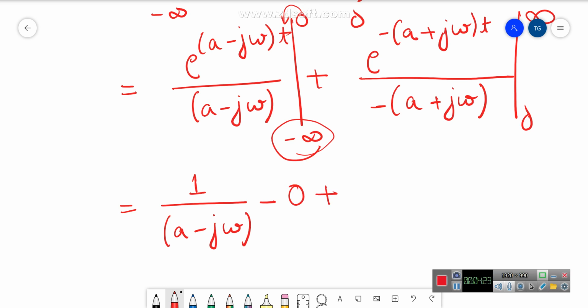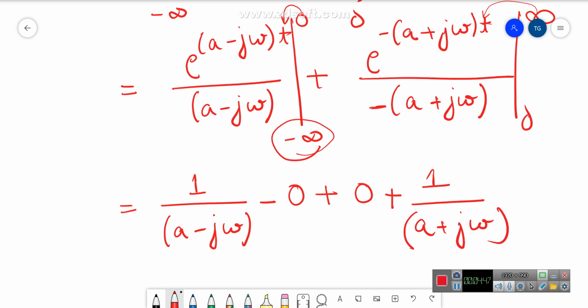Plus, when we substitute the upper limit, that is infinity, in place of t, it becomes e to the power minus infinity, which is 0. Then minus of minus, as already a minus was here, it will become plus. When we substitute 0, that is the lower limit, it will become 1 upon a plus j omega. So these two terms are only remaining.